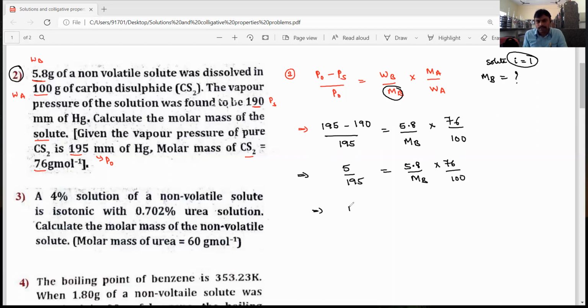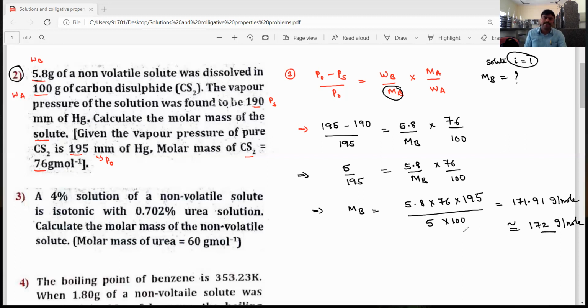Then the molar mass of solute is equal to 5.8 into 76 into 195 divided by 5 into 100. On simplification we get 171.91 gram per mole, which is approximately 172 gram per mole.